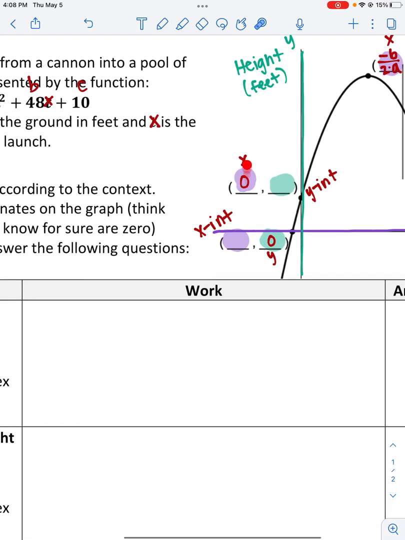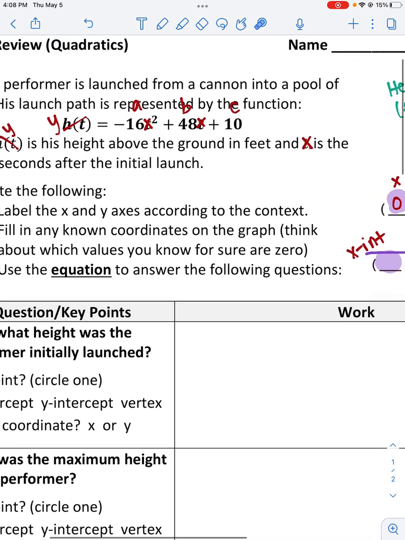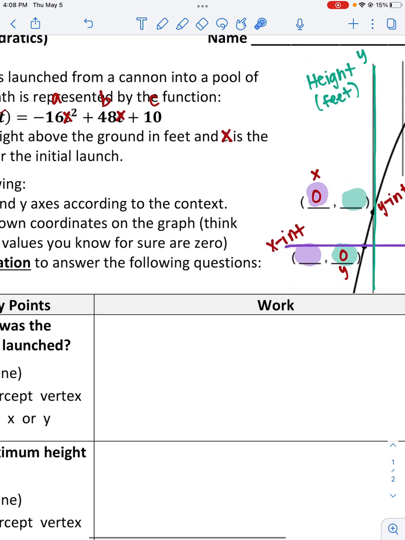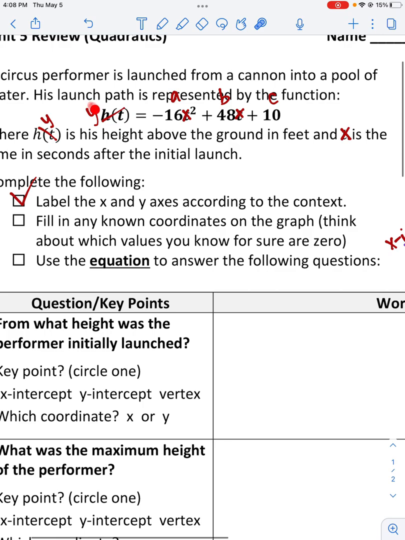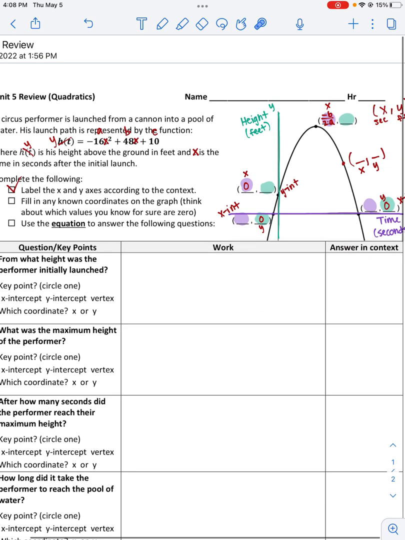So if I know the x, I can put that in for my x's. If I know the y, I can put that in for my y. And for the vertex, once I know this x number, put it in for x. If I had some random point, if I knew the x, put it in for x. If I know the y, put it in for y. So that's a pattern or relationship that we want to understand for any point, any function.